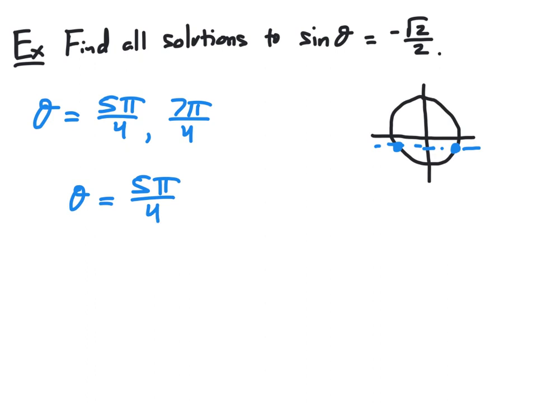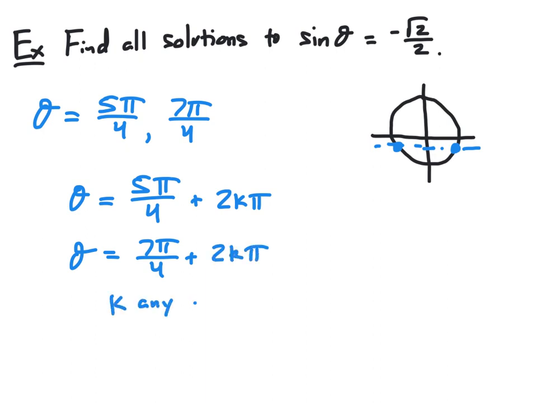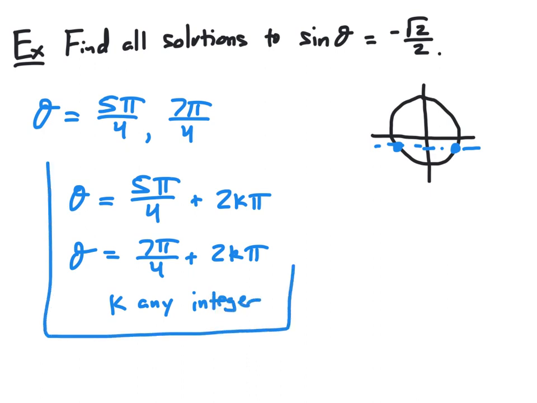So we get a final set of solutions as theta equals 5 pi over 4 plus 2k pi, 7 pi over 4 plus 2k pi, and again, k is any integer, both positive or negative. That'll give all the negative multiples of 2 pi as well. So this is the solution set for the equation sine theta equals negative square root 2 over 2.